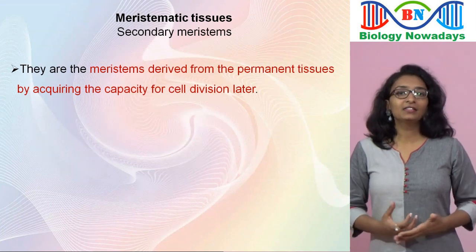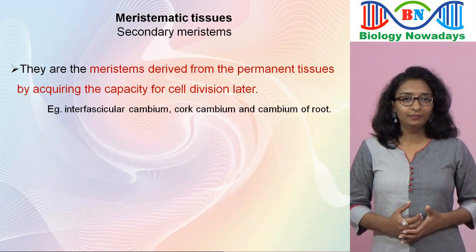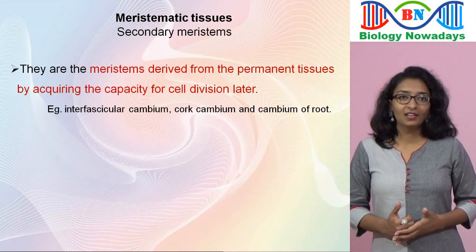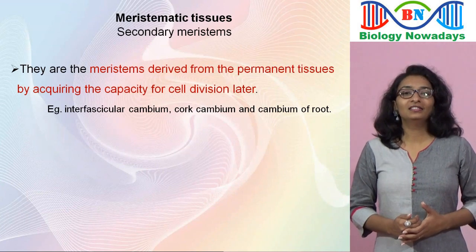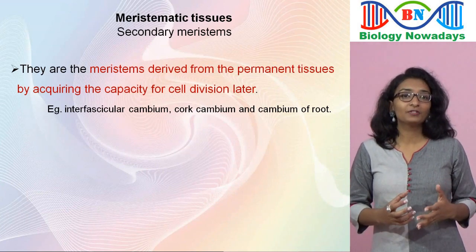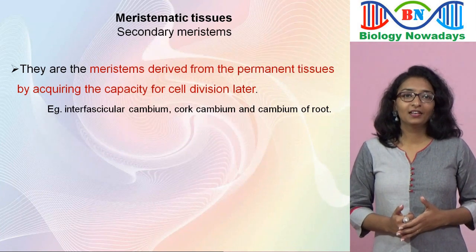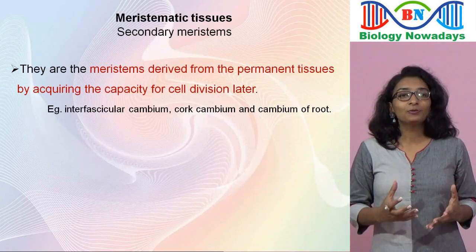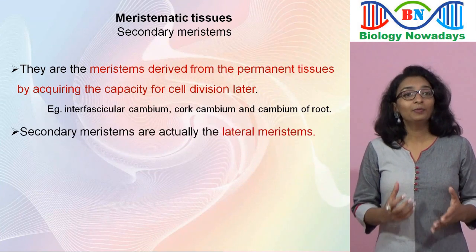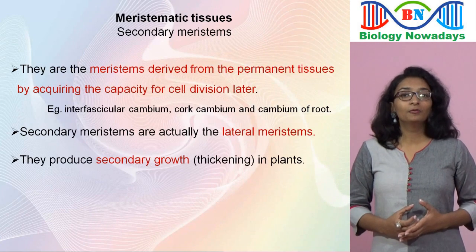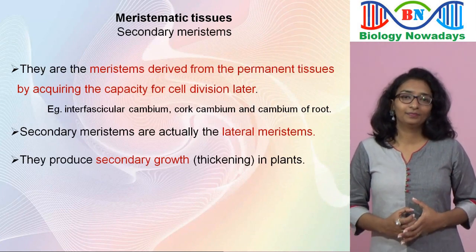Examples are interfascicular cambium, cork cambium and cambium of root. In the upcoming videos, we will learn in detail how these tissues are formed from the permanent tissues. Secondary meristems are actually the lateral meristems, and they produce secondary tissues in plants, which will result in the thickening.